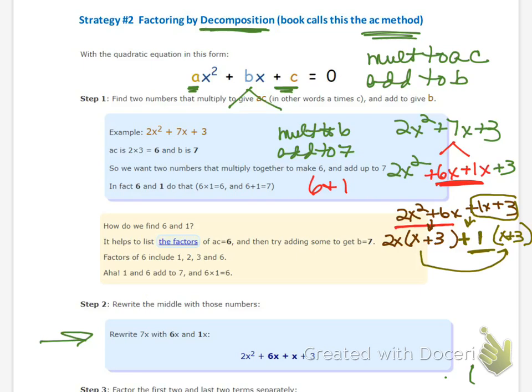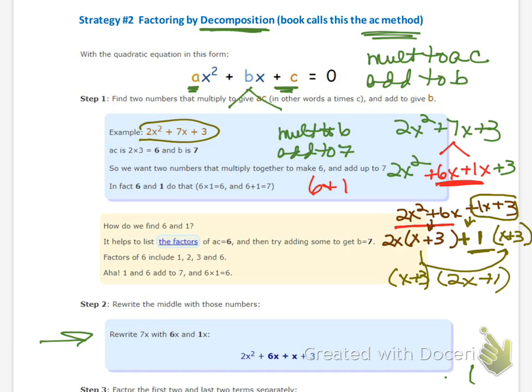I need a 1 here. Now I'm ready to get my factors going. My 2 factors are what you see that's already in parens, which is x plus 3, and then what you have not touched, 2x plus 1. Those are your factors, and if you FOIL them or distribute them, you will get your original function, which was 2x squared plus 7x plus 3 back.